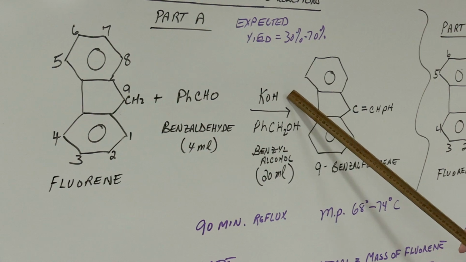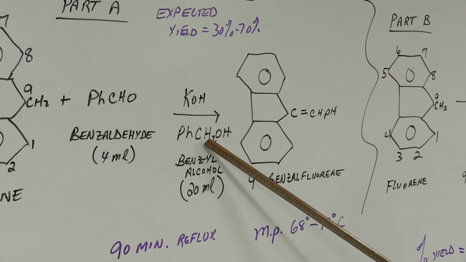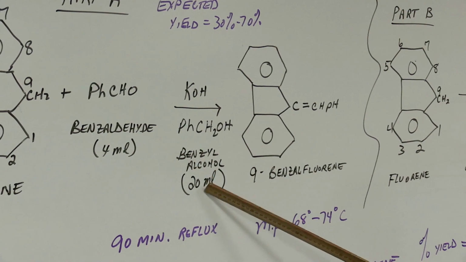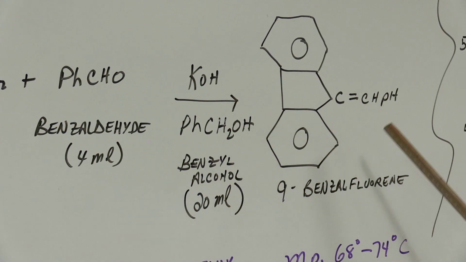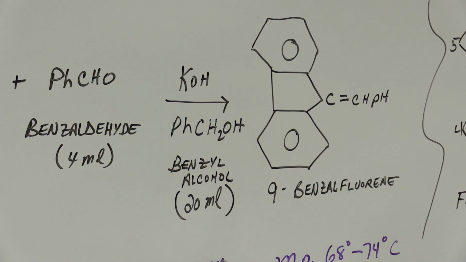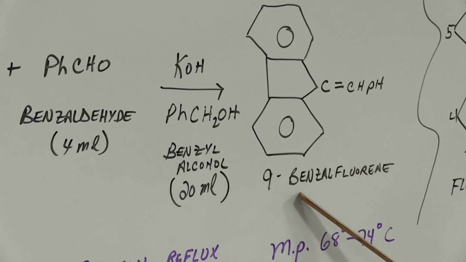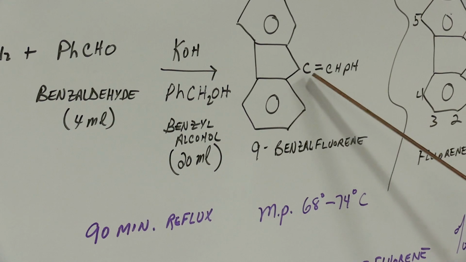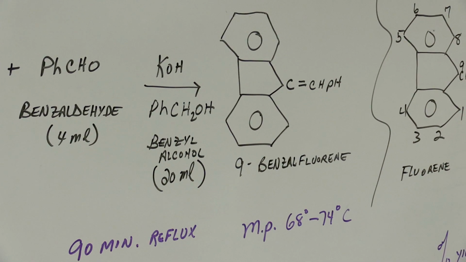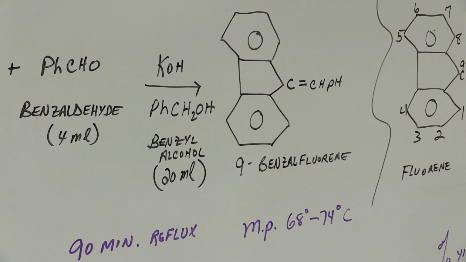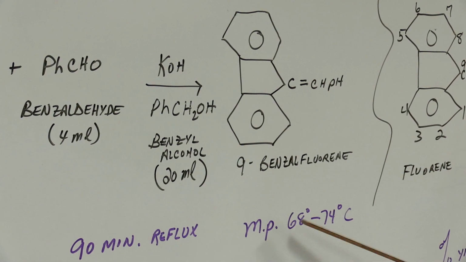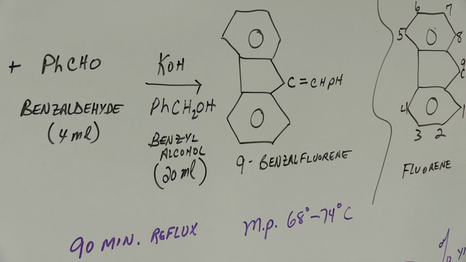In the presence of potassium hydroxide and benzyl alcohol, again 20 milliliters, after reflux for 90 minutes, we're going to form 9-Benzal fluorene. And you notice the carbon-carbon double bonds that are formed. Benzal fluorene has a melting point of 68 to 74 degrees.